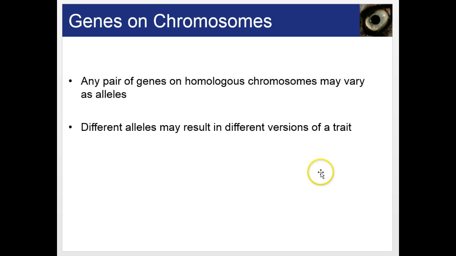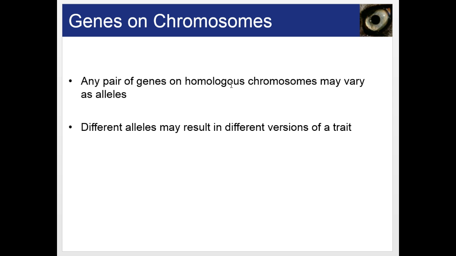Any pair of genes on homologous chromosomes may vary as alleles. Homologous chromosomes, remember, are the ones that match up, like pair number 1, one from mom, one from dad. Pair number 2, again, one from mom, one from dad, all the way down to the X and the Y chromosomes. And different alleles can result in different versions of a trait.